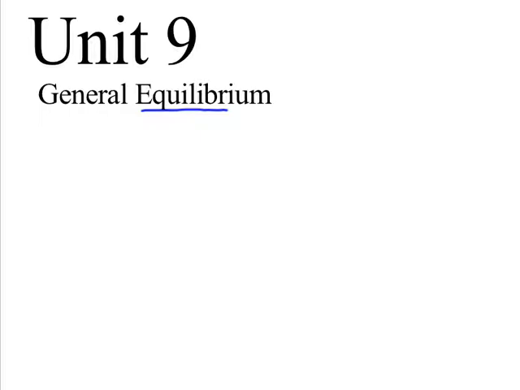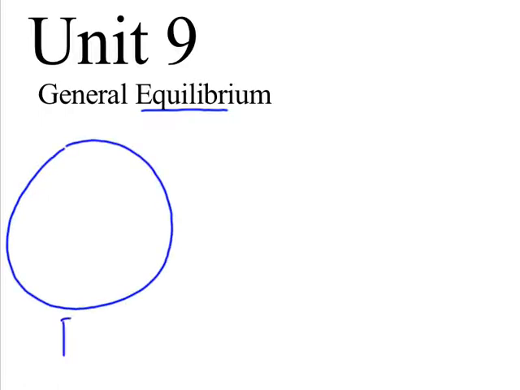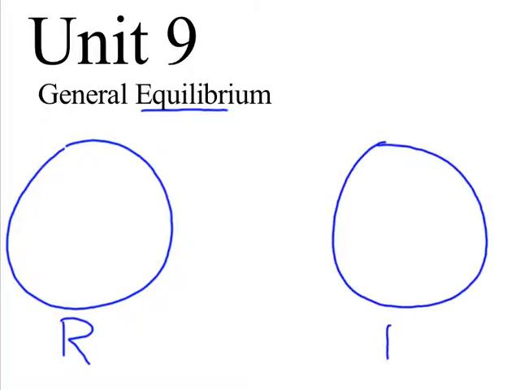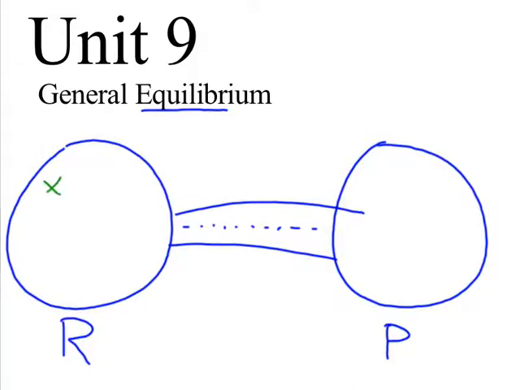I like to use a little analogy here. Let's say I have island R, that's reactant island, attached to island P, product island, by a highway. On island R, I've got some cars, and I don't have very many cars on island R. I have about that many cars.